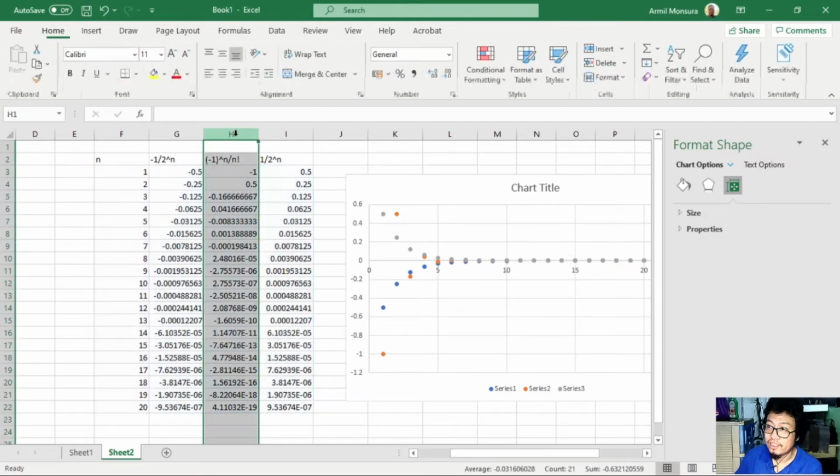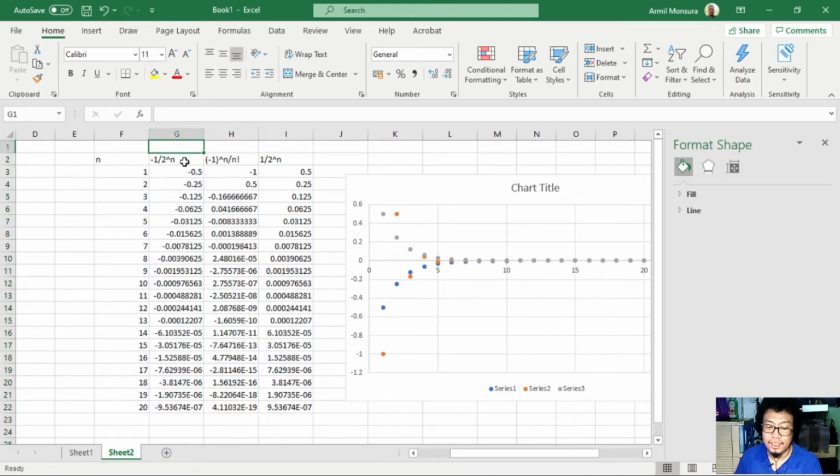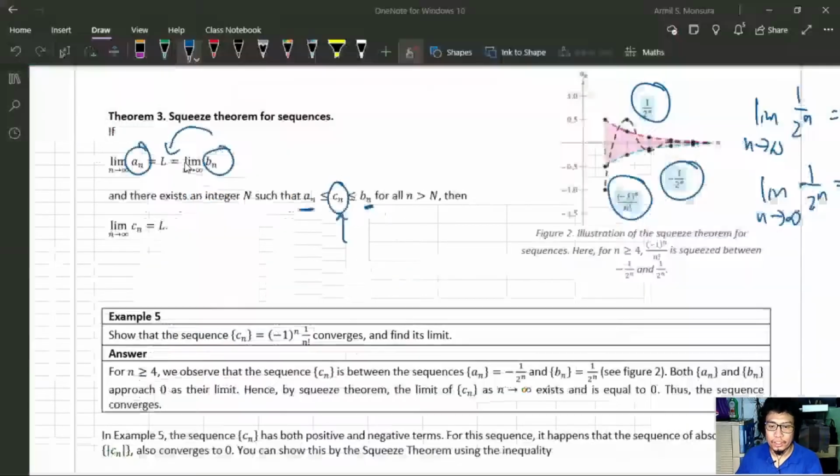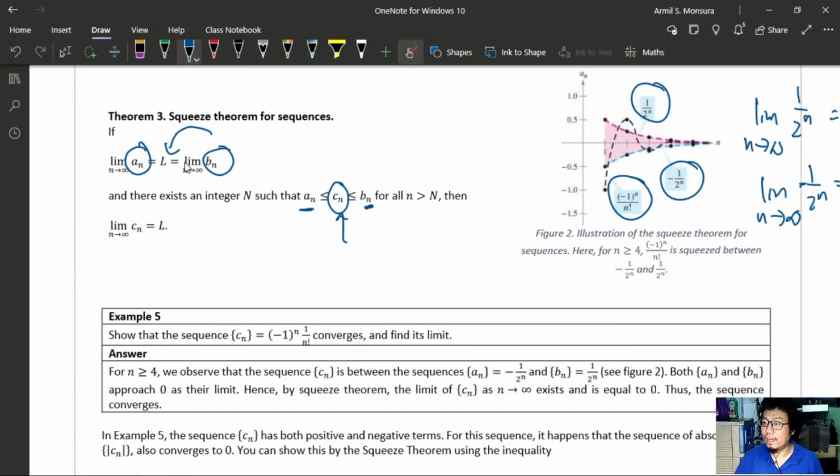Remember that this is the sequence that is under test. Basically this is your AN, this is your BN, and this is the sequence that we are attempting to find the limit of. Again, we find two sequences, this and this.